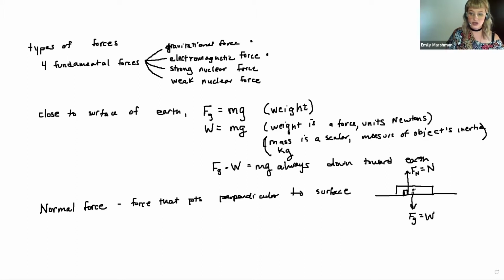Now, I don't want you to think that the normal force is always directly upward, though. If the book is, for example, on a ramp, the force of gravity still pulls us directly down, but the normal force here is not straight up, rather it's normal to the surface, so it's going to point this way.